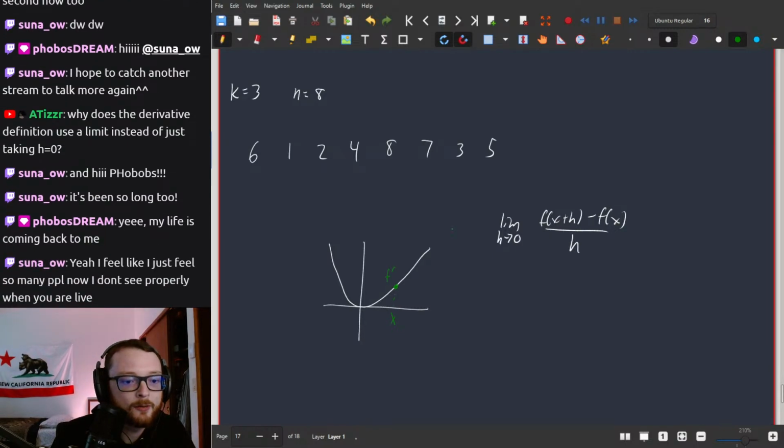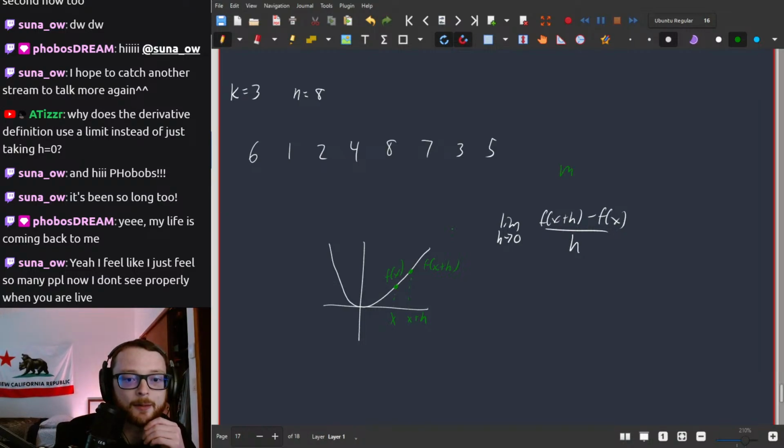So this right here is f of x, and I'm going to draw it far away for now. This point here is f of x plus h. This slope, or this limit definition, is the same exact thing as the slope of a line.